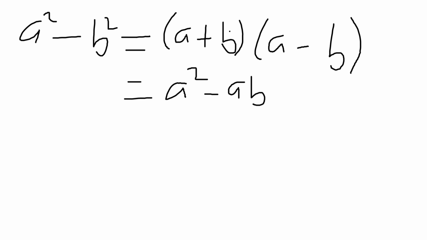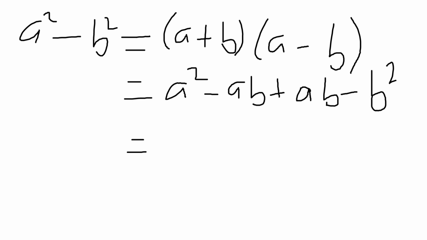Now when you take b and you multiply it with a, you get positive ab. And when you take your b, you multiply with negative b, you will get negative b squared.